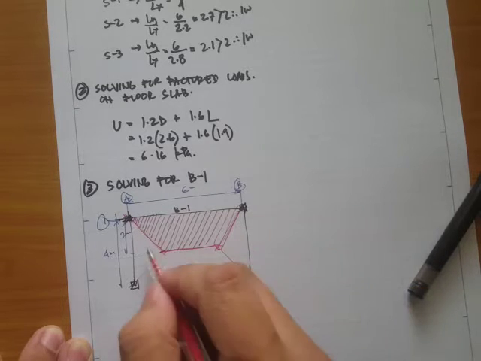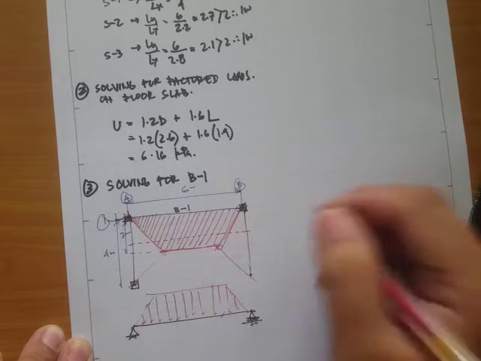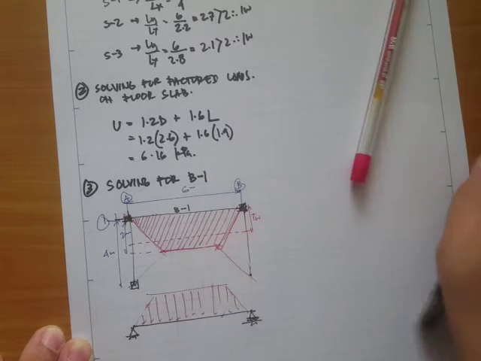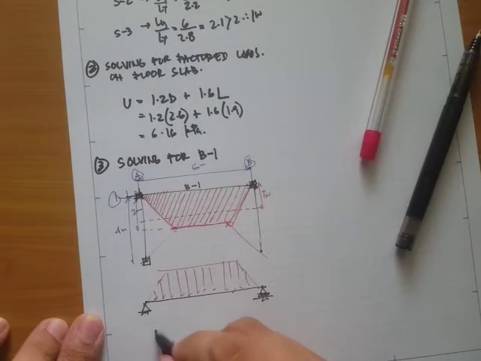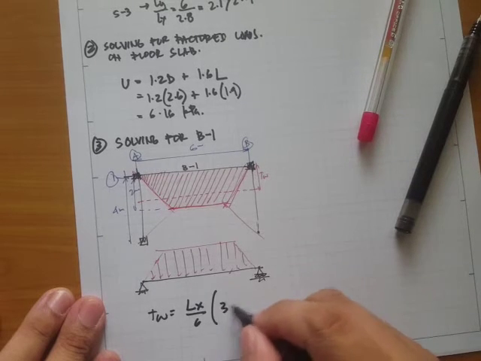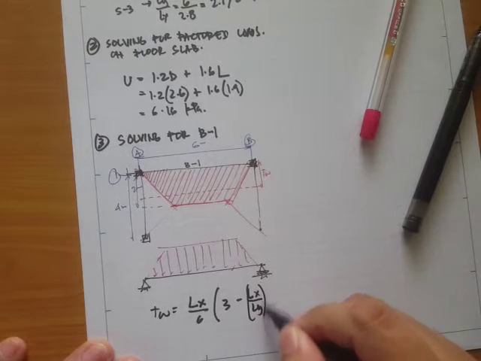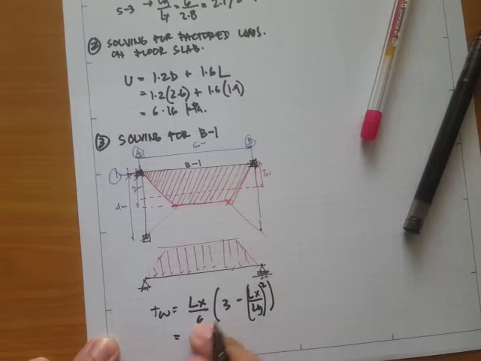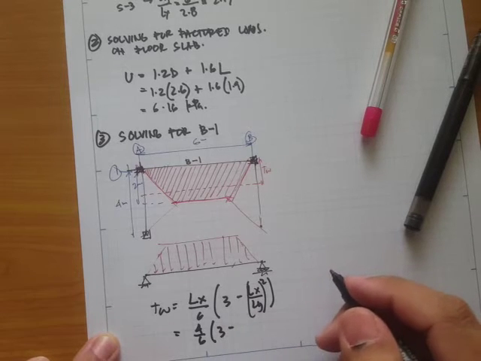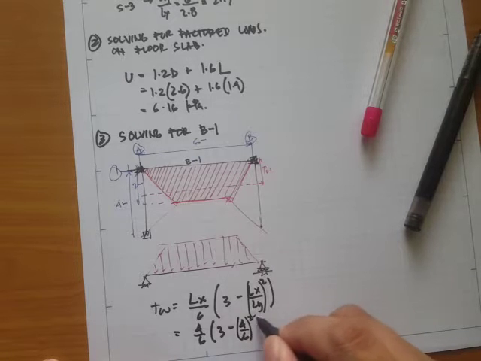But we will just use the tributary width concept. We'll apply the equation for the tributary width. So this is our tributary width, and if we apply the formula, Lx over 6, times 3 minus Lx over Ly squared, and substitute the values, we have 4 over 6 times 3 minus 4 over 6 squared.